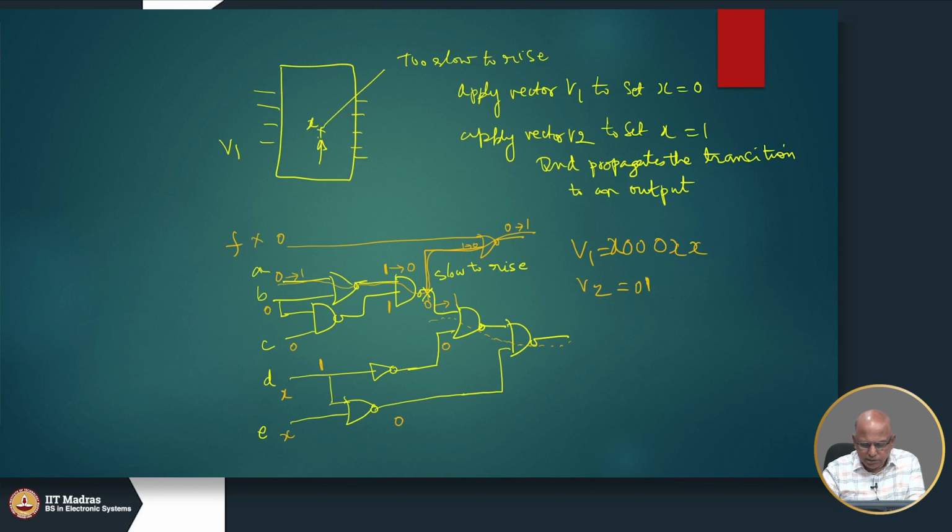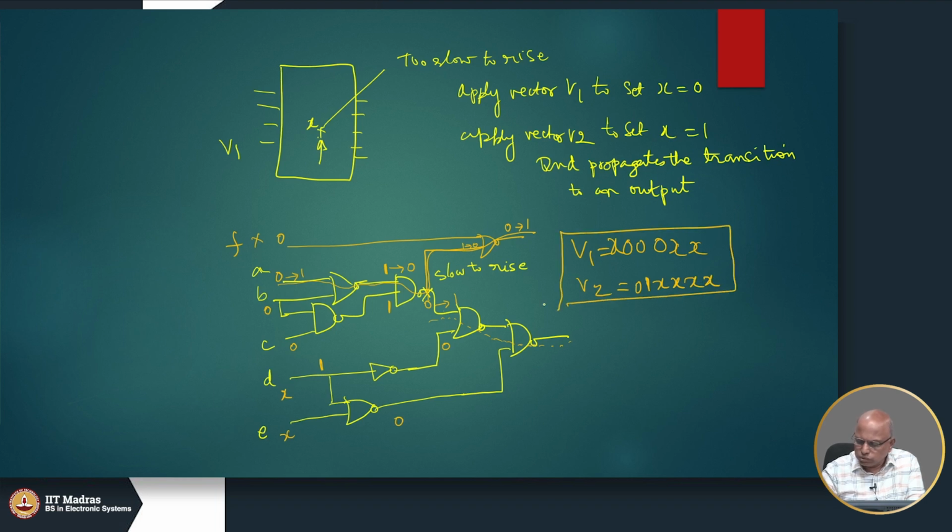Then B, I suppose, remained 0. Frankly speaking, they can be anything, because we are not transitioning along this path. So B and C can be XX also, and D can be XX.